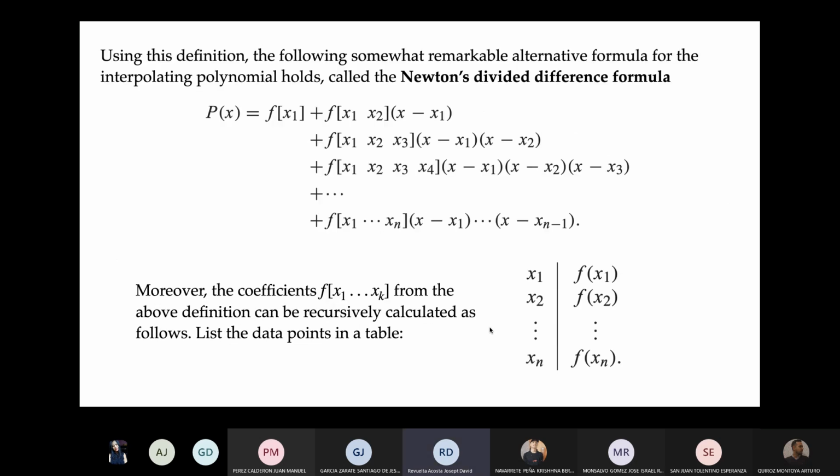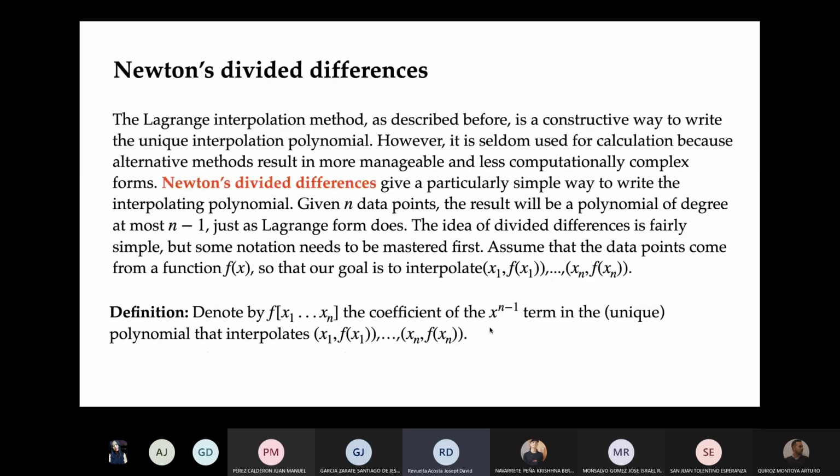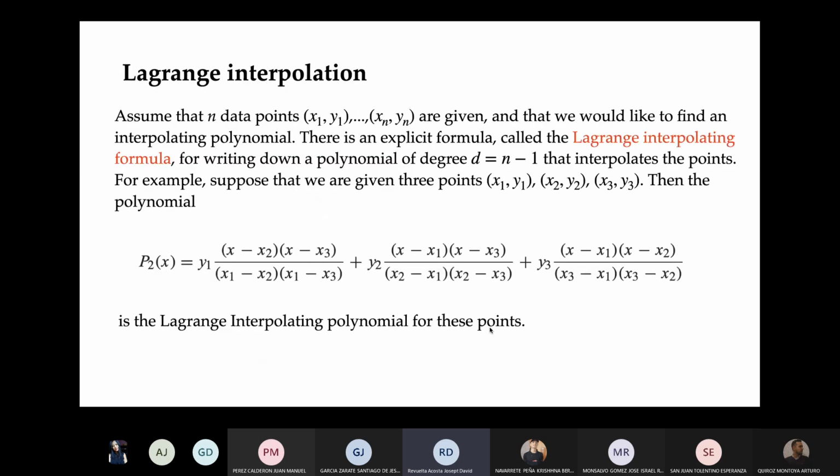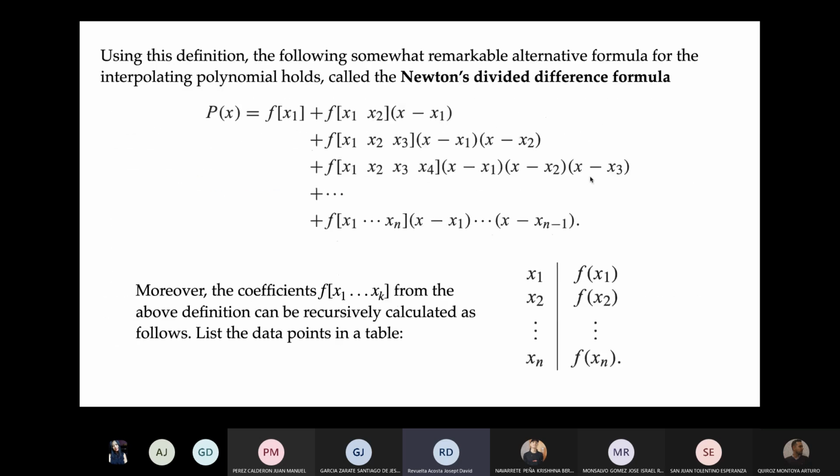Going to the definition, there is the following somewhat remarkable alternative formula for the interpolating polynomial. As in the case of the Lagrange interpolation, which if you remember we named the Lagrange Interpolating Formula, similarly for Newton's method we use the Newton's divided difference formula.